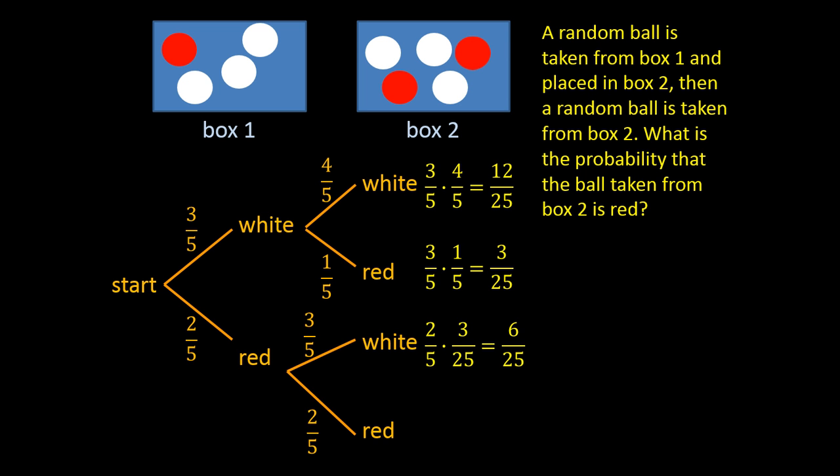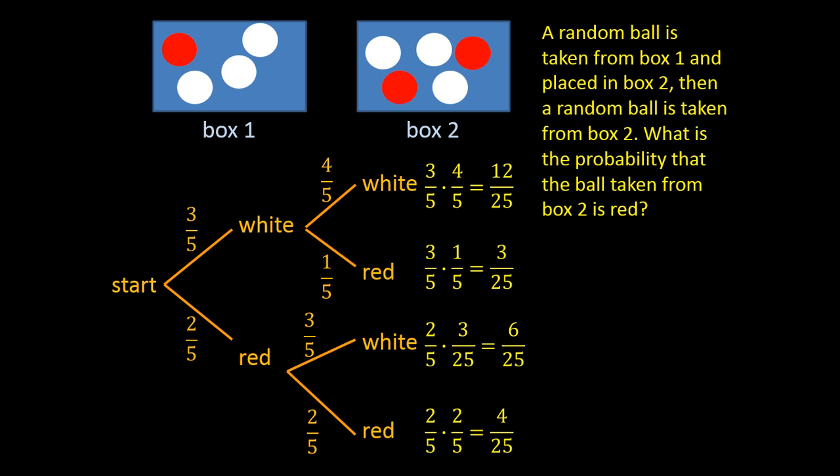We want to have the probability that the ball taken from box 2 is red. That would not be taking a white ball from box 2. And then finally along the bottom branches, that would be taking a red ball from box 1 and then a red ball from box 2.